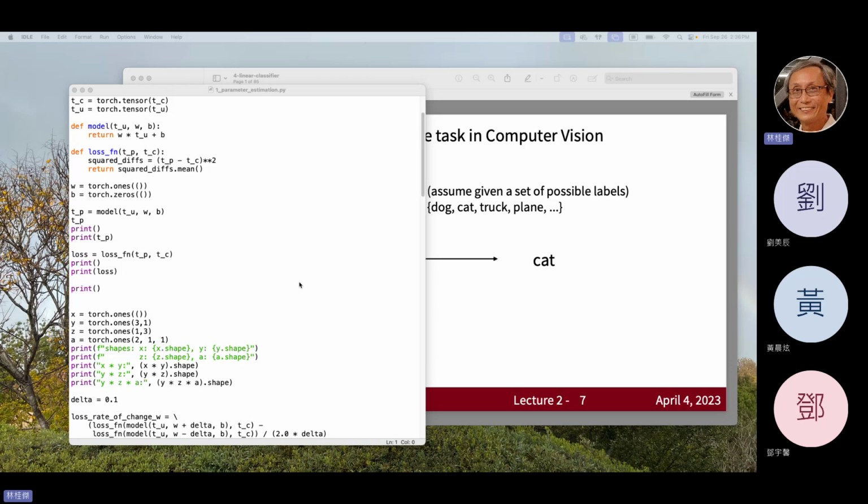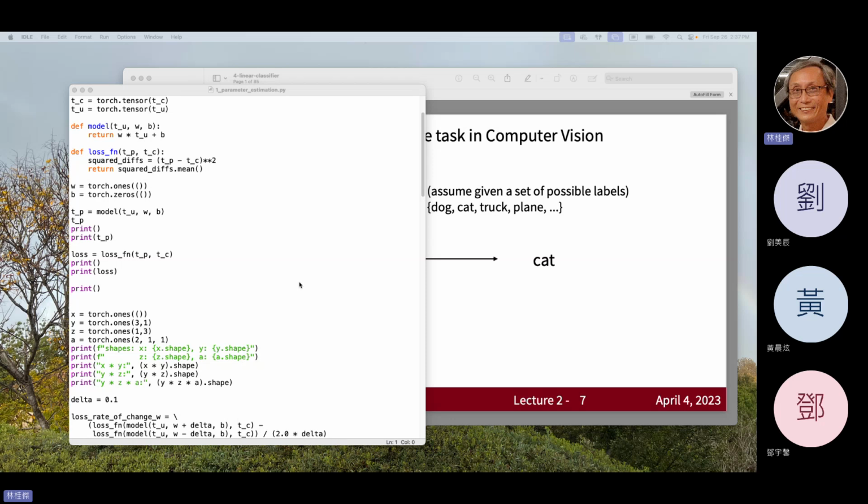And if you run it, you're going to see the actual numbers predicted, given the input, which is the T_u, okay? After that, we define the loss, and you can see the loss is going to call this particular loss function, using the value which you have predicted given the input, and the correct answer.